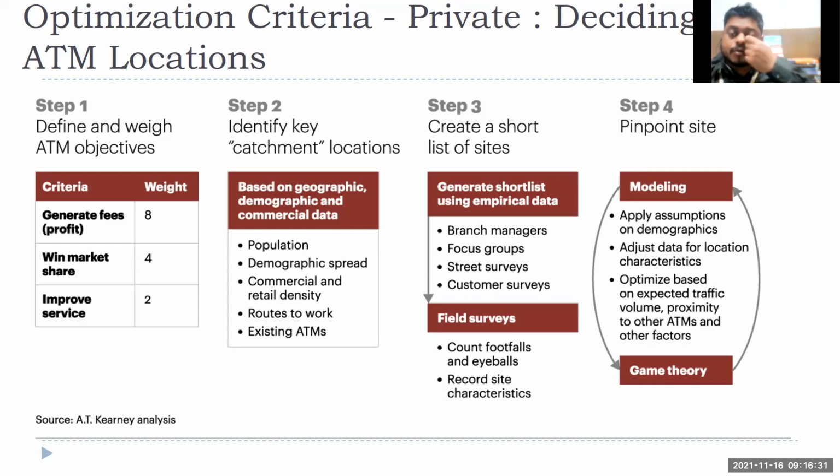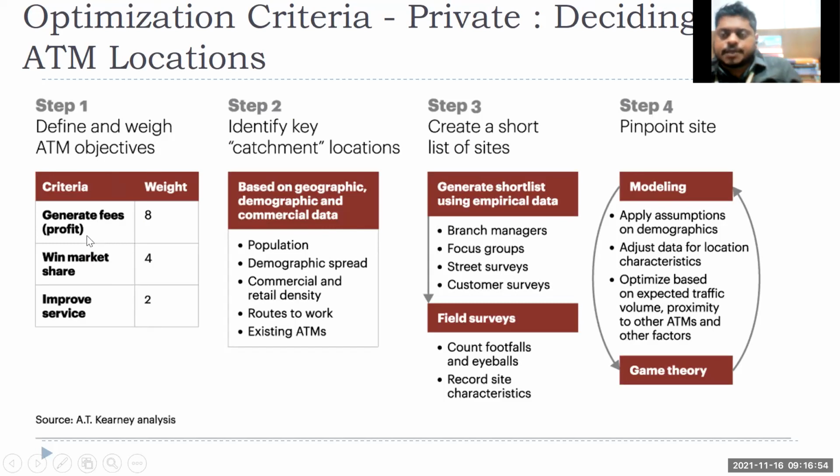Remember what we discussed on private: if it is a private organization, their criteria is revenue or profit maximization, right? So that is the first thing you have to find out, from the ethical analysis. Define and weigh ATM objectives, right? What are the objectives of putting that ATM?